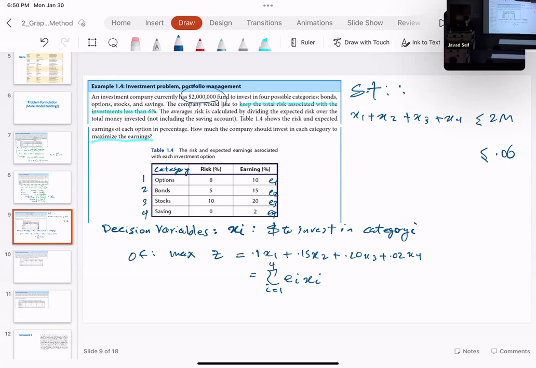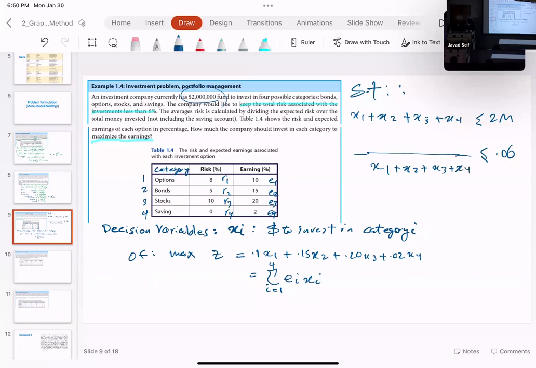What did you say for formulation? So the risk percentage multiplied, basically the summation of i equals 1 to 4 of r_i x_i, divided by the summation of investment. The summation of investment is going to be x1 plus x2 plus x3 plus x4.